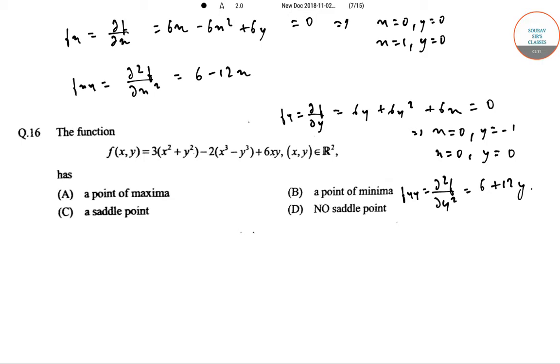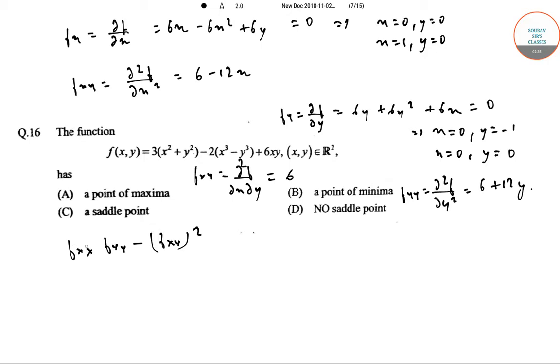Now let us calculate the value of fxx fyy minus fxy whole squared. For this we would also be needing fxy. Now fxy is equal to del 2f del x del y, which comes out to be 6.